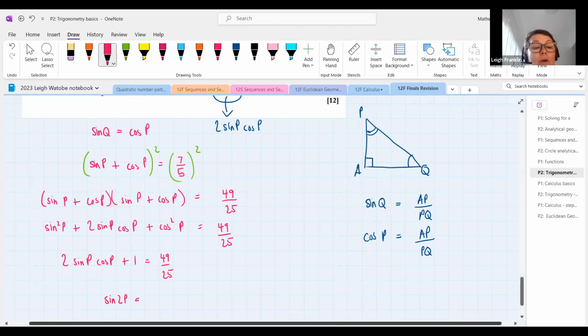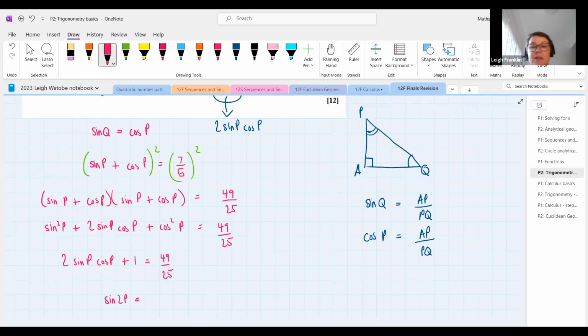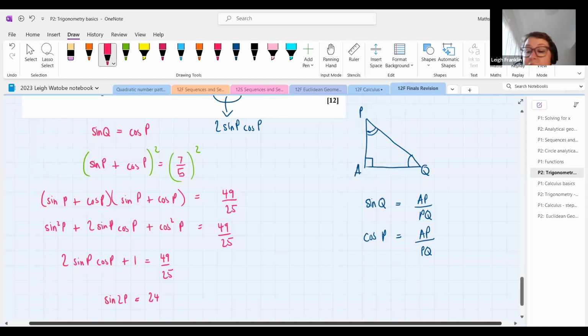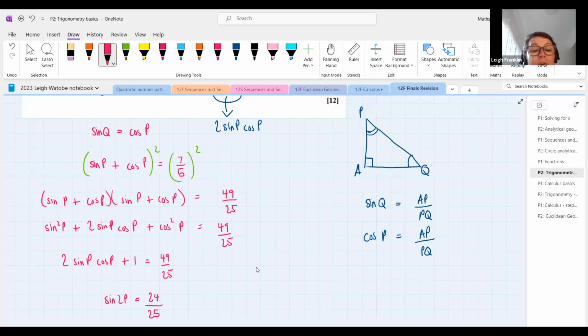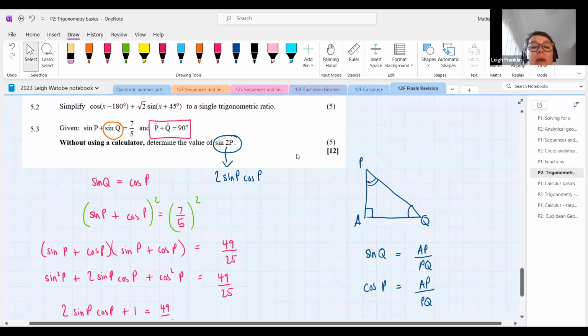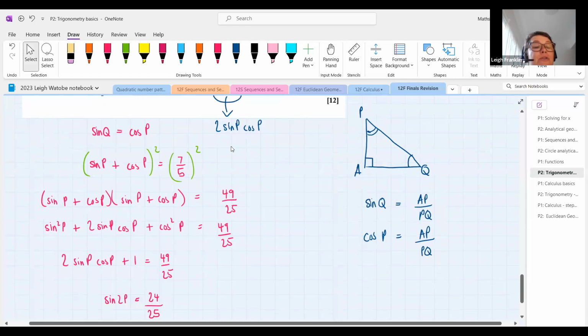And we can take the 1 over to the other side. So we're going to say 49 minus 25. And believe you me, if you do that on your calculator, minus 1, no one's going to know. So it's not going to make any difference. And you would end up with 24 over 25. Okay, and there we have calculated the value of sine 2p.